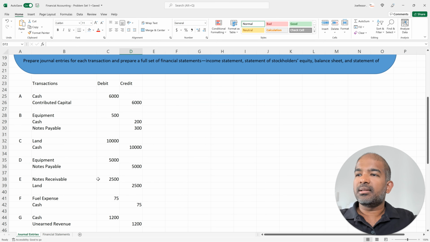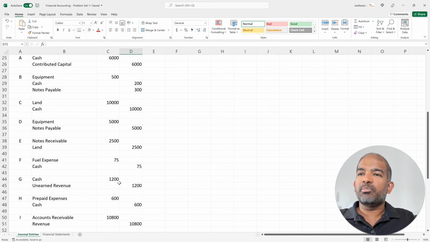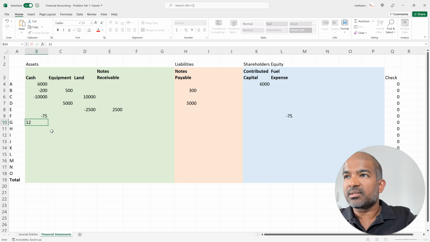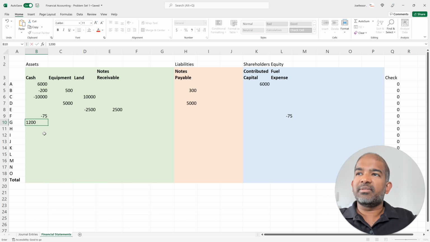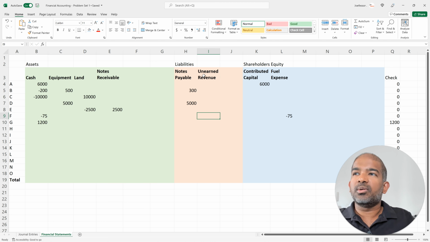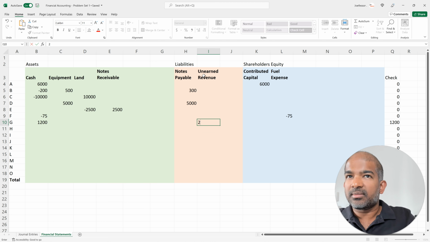Transaction G, cash goes up 1,200 and unearned revenue of 1,200. Cash goes up 1,200. Unearned revenue is a liability, which is also 1,200.